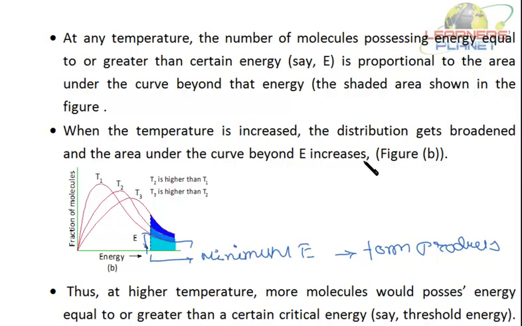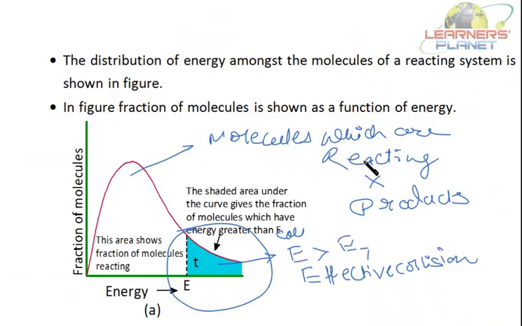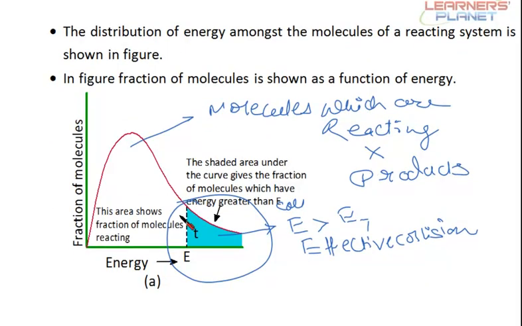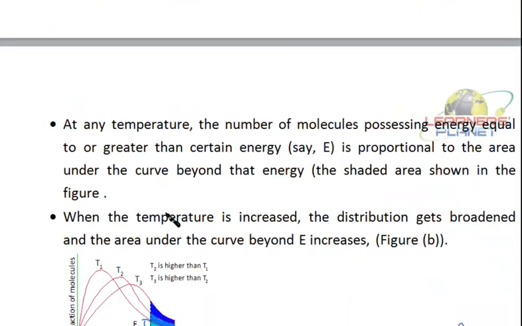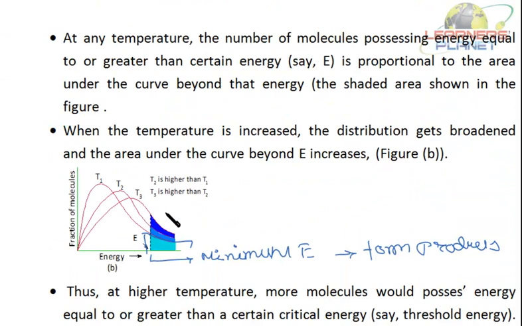So the fraction of molecules having the effective energy is proportional to the area under this curve, and as the temperature increases, this area broadens.